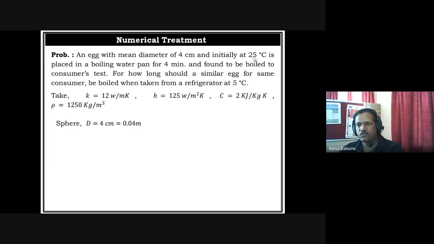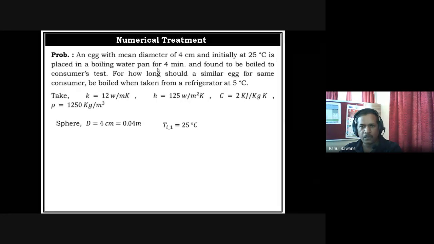And initially at 25 degrees centigrade, it is placed in a boiling water pan for 4 minutes. So that egg, which is at about 25 degrees centigrade, is placed into a boiling water pan for 4 minutes. So we know the time period: 4 minutes is 240 seconds, and it is found to be boiled to the consumer's taste.